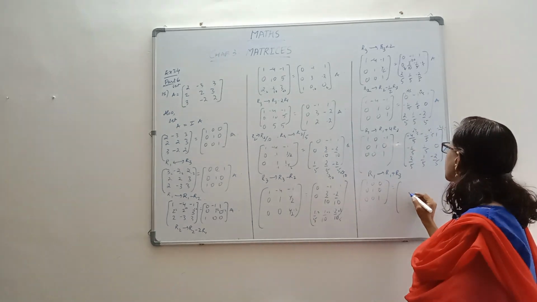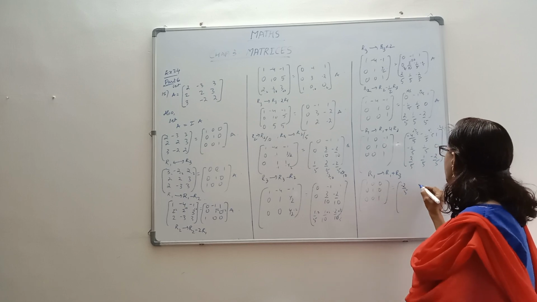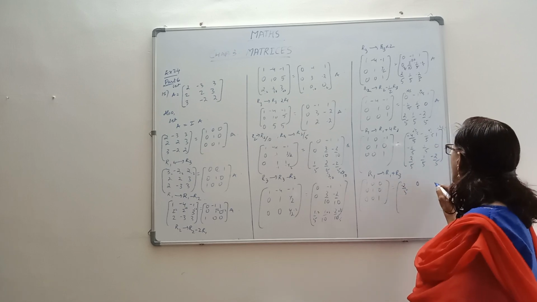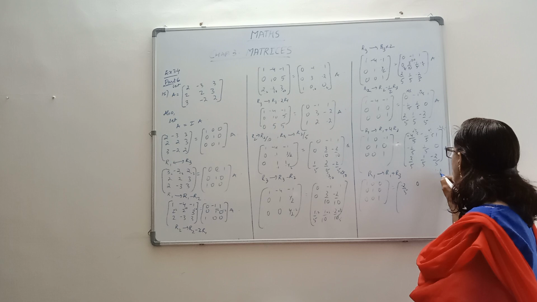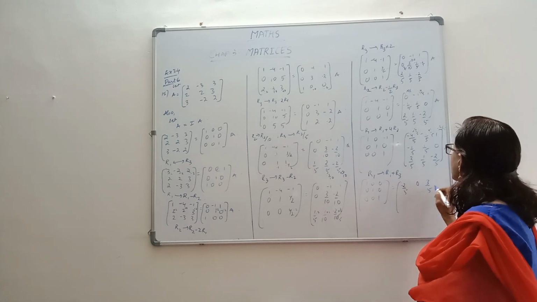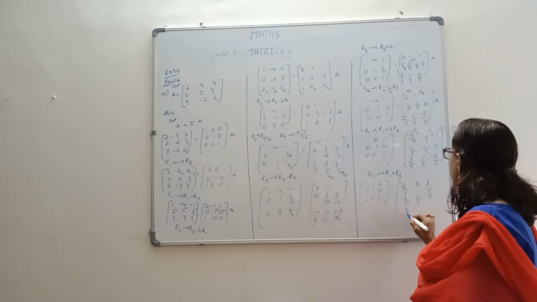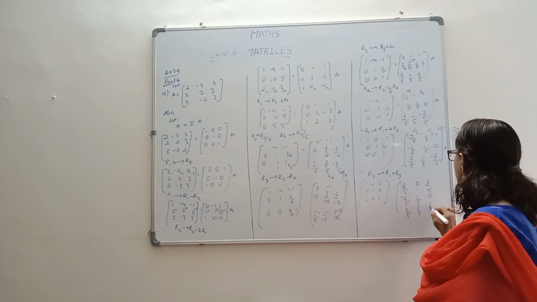So therefore it is minus 4 by 5 plus 2 by 5. It is minus 2 by 5. Then minus 1 by 5 plus 1 by 5, 0, 1 minus 2 by 5, so it's 5 by 5 minus 2 by 5, 3 by 5. Then this is minus 1 by 5, 1 by 5, 0, 2 by 5, 1 by 5, minus 2 by 5.